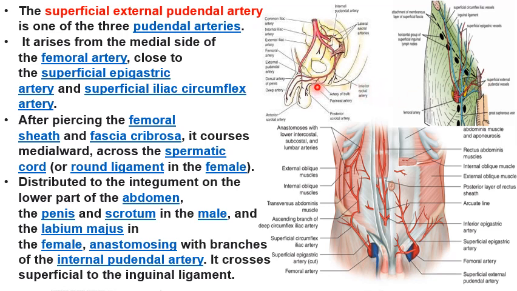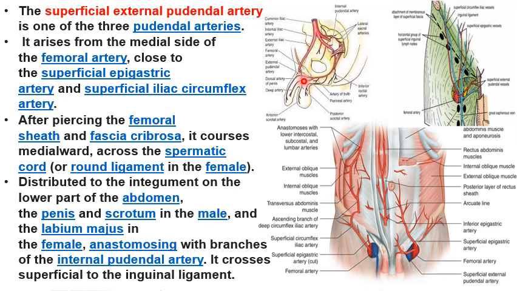So to come out it has to pierce the femoral sheath as well as the fascia lata. Right. Here this is the superficial external pudendal. Okay. This is the internal pudendal, which gives the branches to the penis as the dorsal artery of the penis and the posterior scrotal arteries. So this superficial external pudendal anastomoses with the posterior scrotal arteries, which are the branches of the internal pudendal, which is the internal branch of the internal iliac.